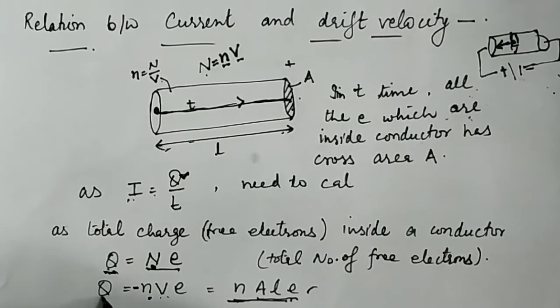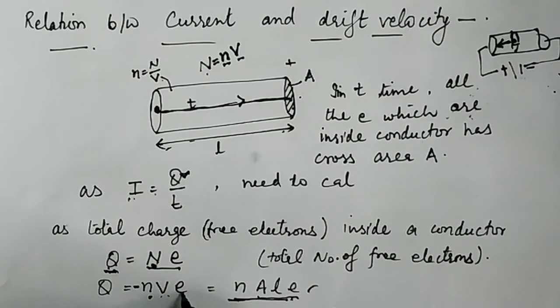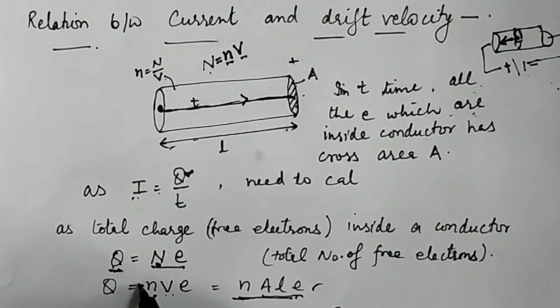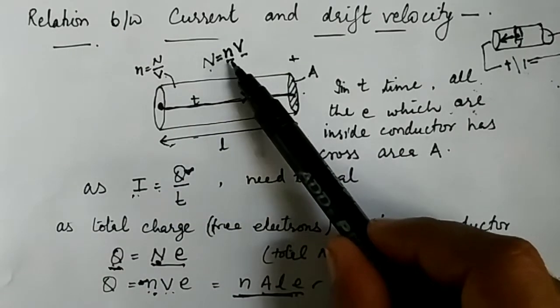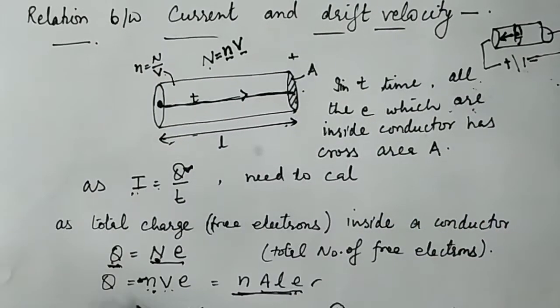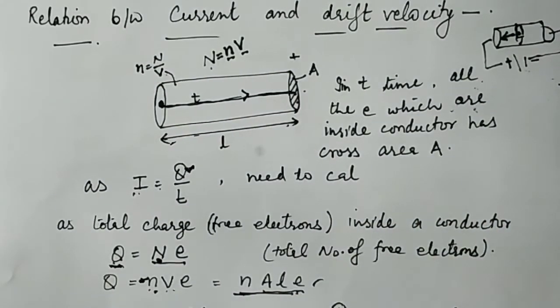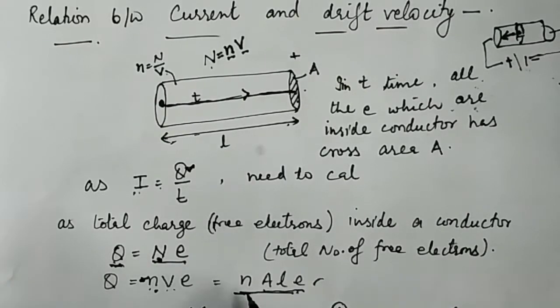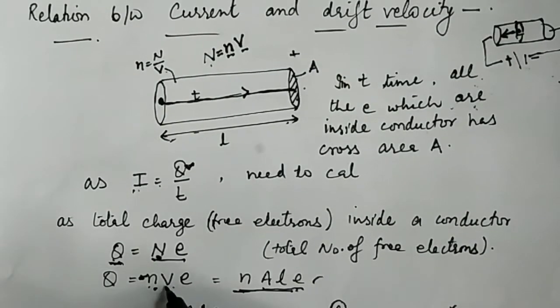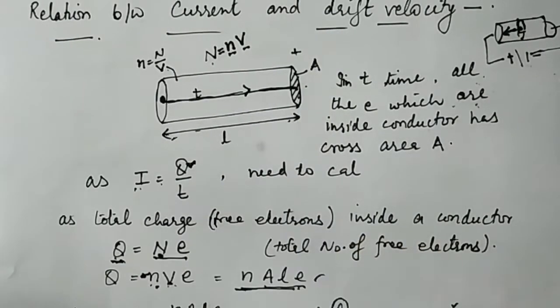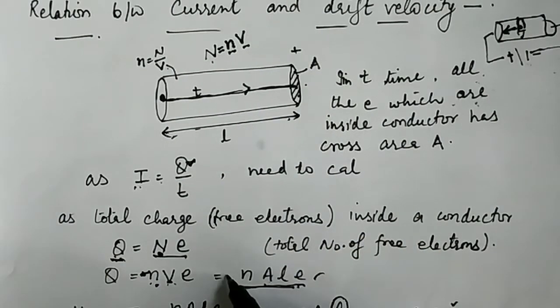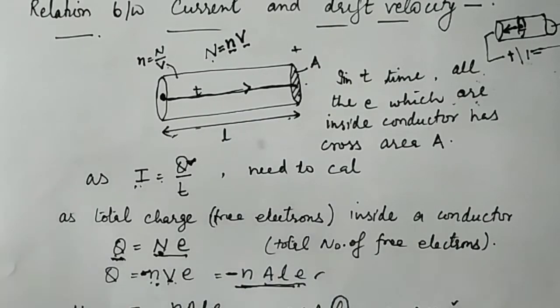So the total charge will be equal to, the charge of electron is minus e, so I put the minus sign here, into the total number of free electrons, that is number density into volume. We put this value here. We know the volume of this conductor is area into length. So it is n into area into length and the negative sign, that is the charge of the electron.